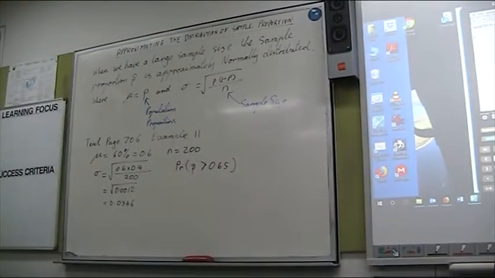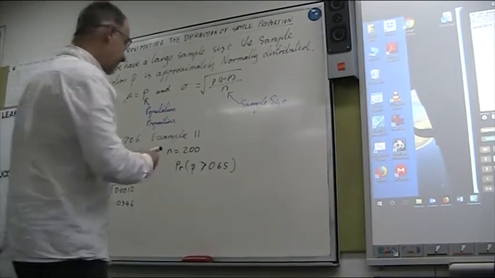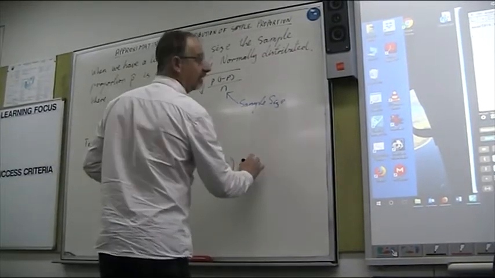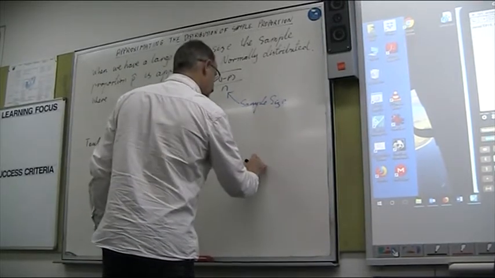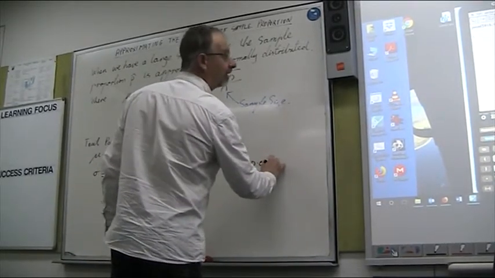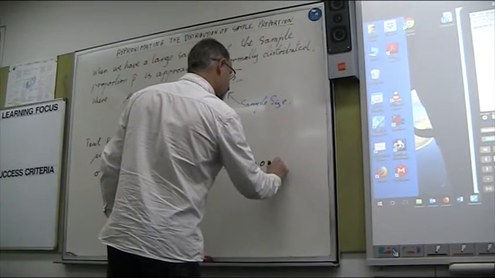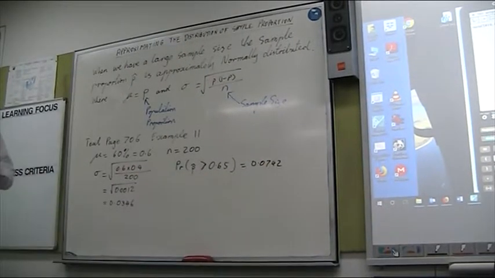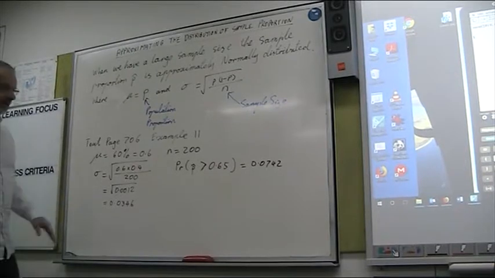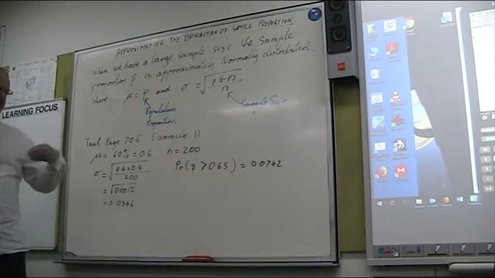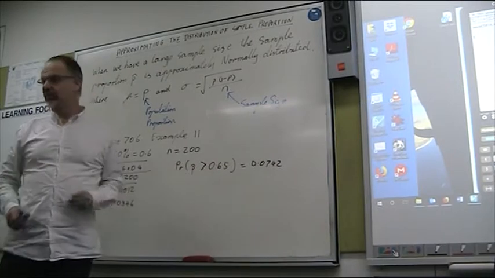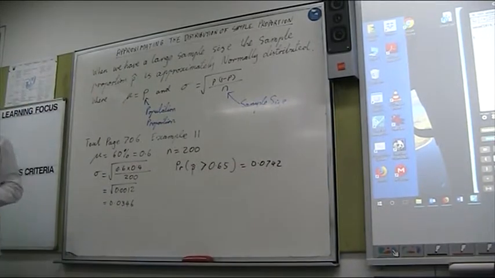So the probability is 0.0742. In terms of percentage, the probability is about 7%. So there would be not too many samples of 200 that you would choose where you would get more than 65% of those people with a driver's licence.